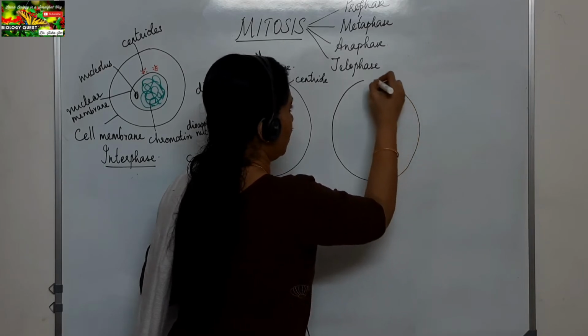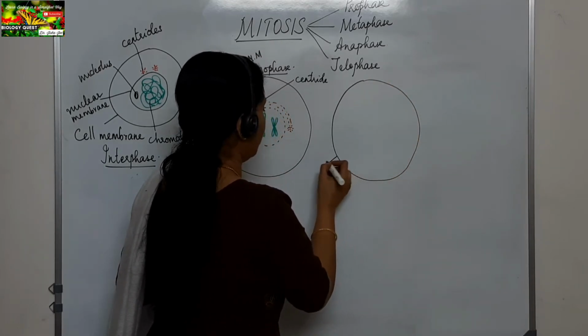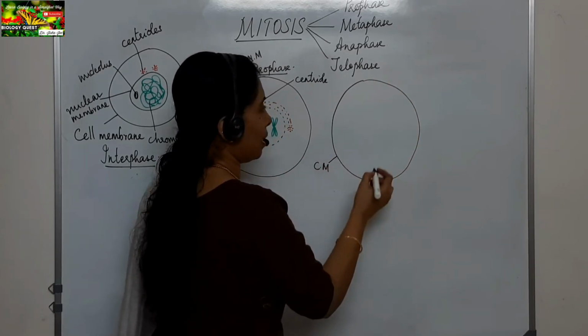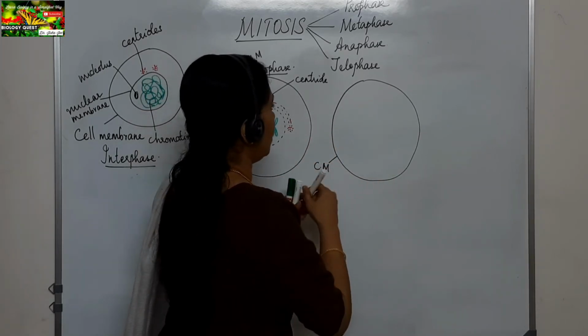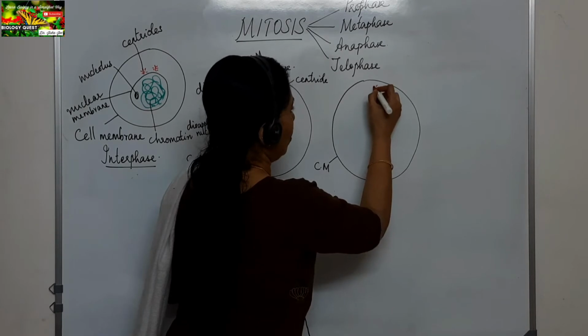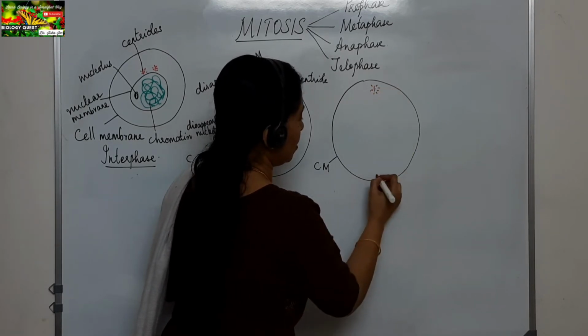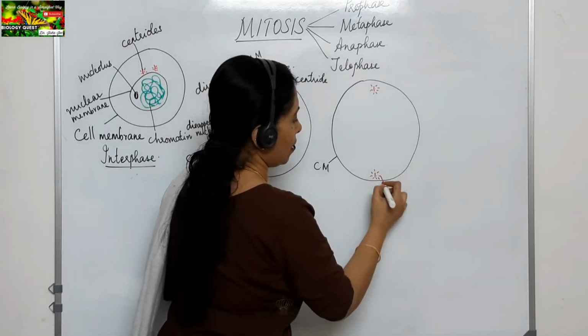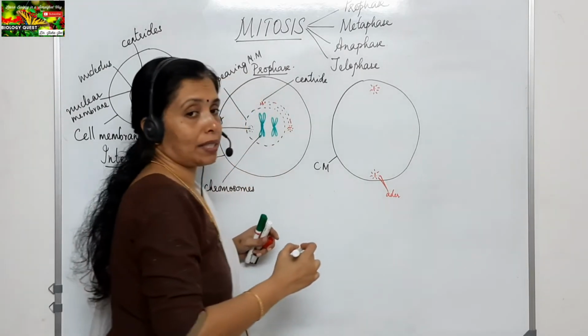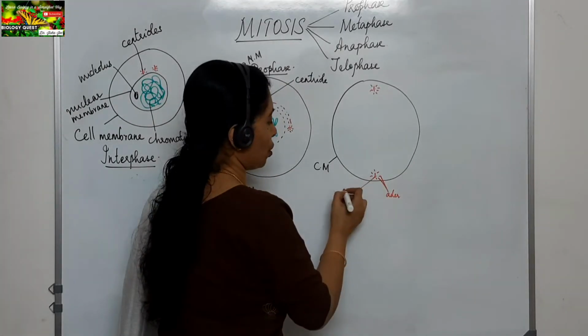That is the cell membrane. The nuclear membrane and nucleolus have completely disappeared. That is the centriole with the asters. The radiating rays around the centrioles, these are the asters.